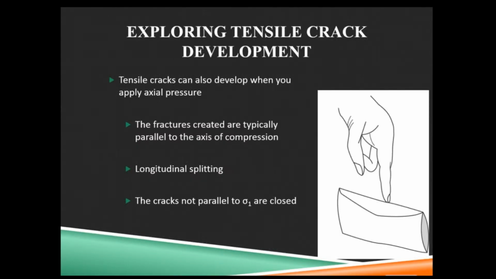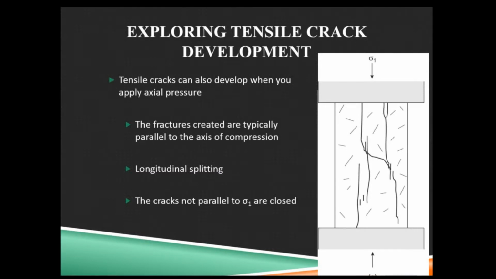So, here's the example, pushing on the envelope, paperback book, anything like this. In a rock, it'll look like this. All of these little short lines are small cracks that got closed up as the pressure was applied.